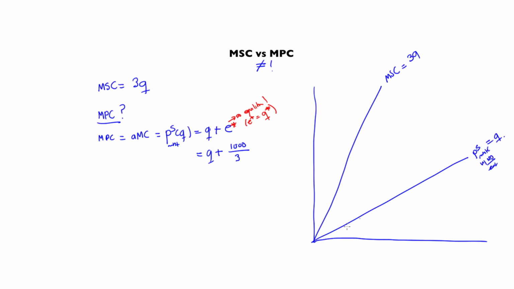It's just the one without externalities plus this external effect that they internalize, which is just a shift up by E star equals 1,000 over 3. That is their marginal private cost in equilibrium. Now, why do I call it equilibrium?